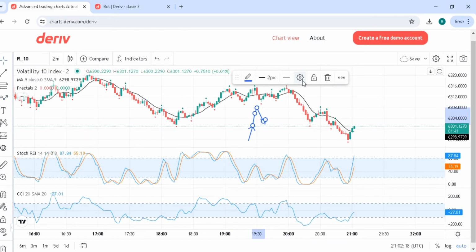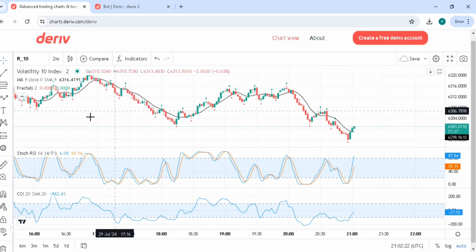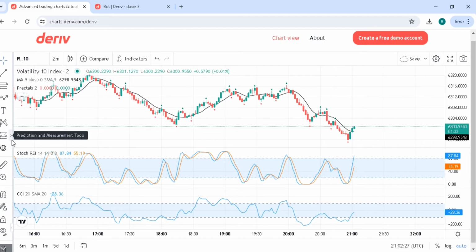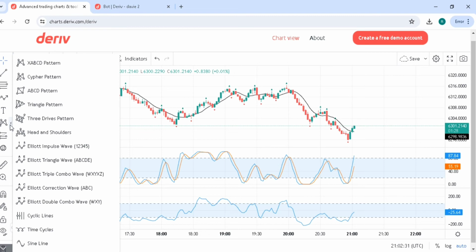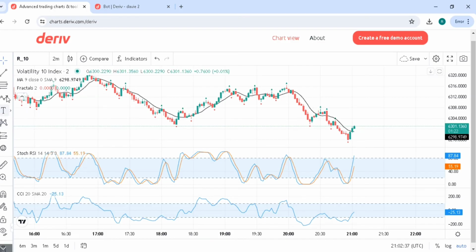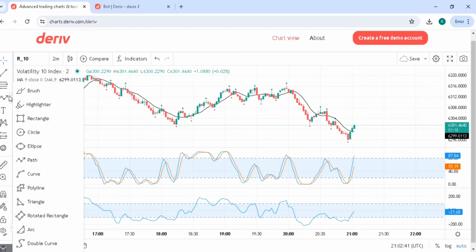Just a second. So let's say it's a candle pattern that is being formed, and you want to enter a market.